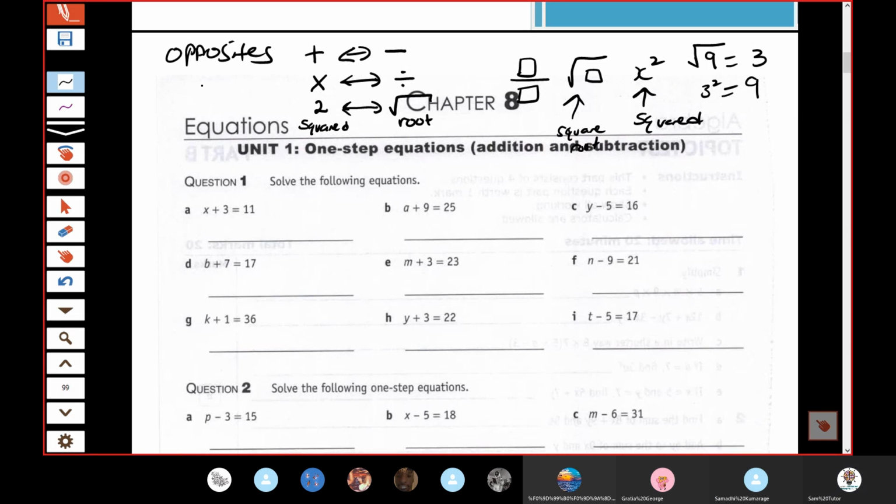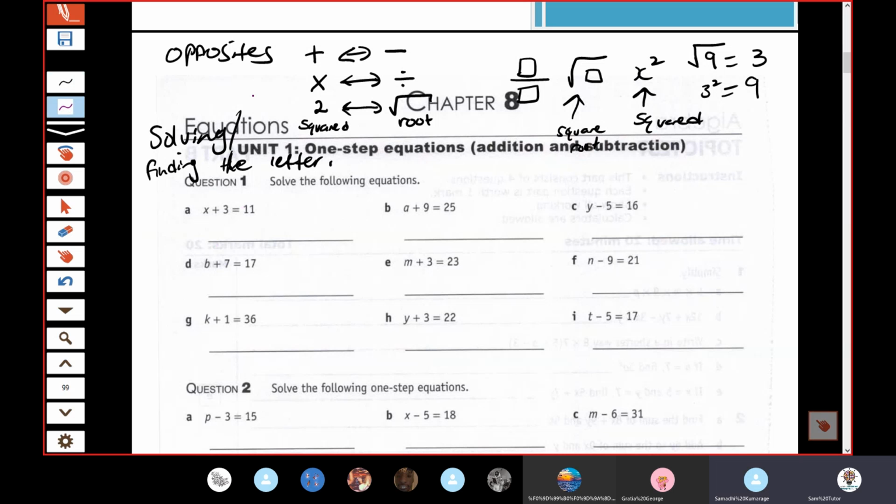All right, so we need to know opposites. And we need to know we're trying to solve, we're solving or finding the letter, the pronumeral, the x, however you want to think about it. We're finding the letter, which means it's got to be by itself.